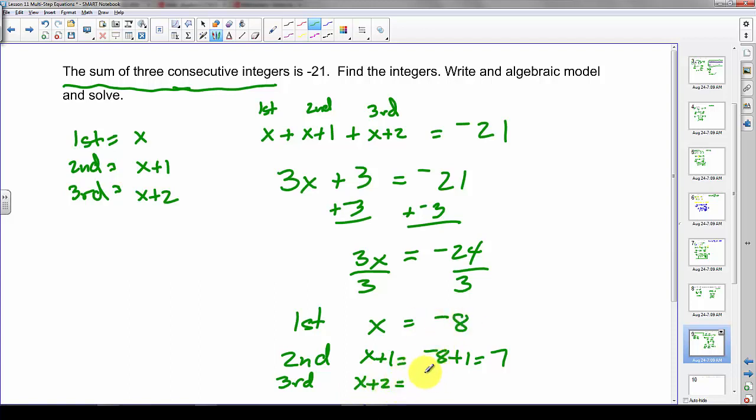And I know x is negative 8, so negative 8 plus 2 is negative 6. And if I add negative 8 plus negative 7 plus negative 6, I end up with negative 21. So this problem checks out.